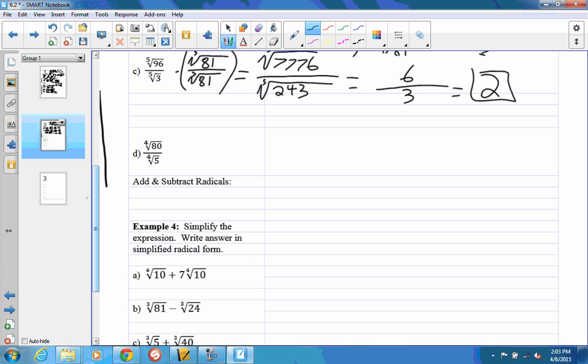I don't know how to explain it. I know how to do it. You want to get multiplied by something so that you get a perfect root. So what are you going to multiply by?